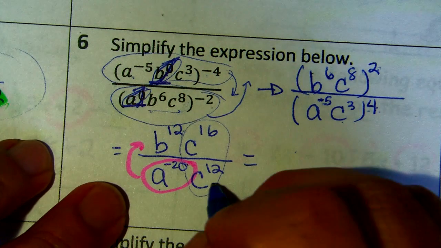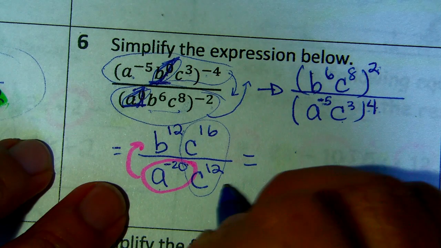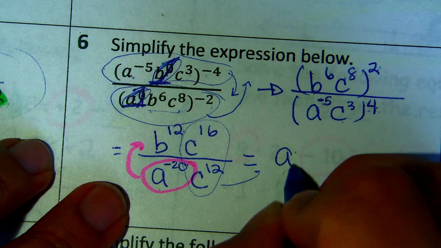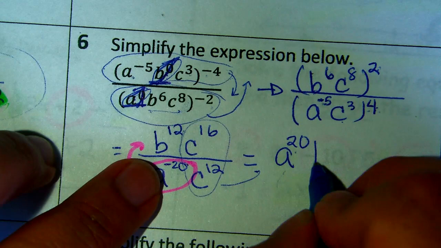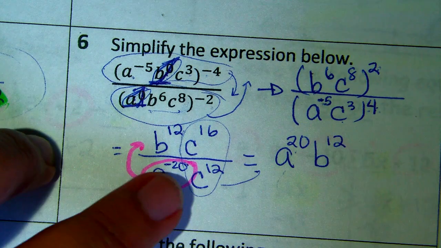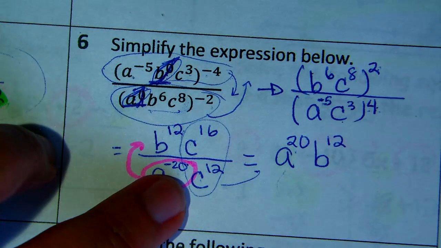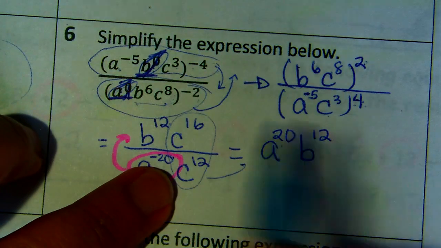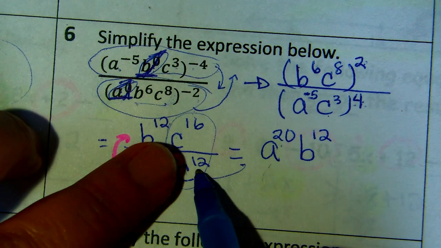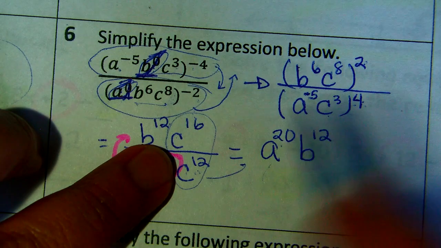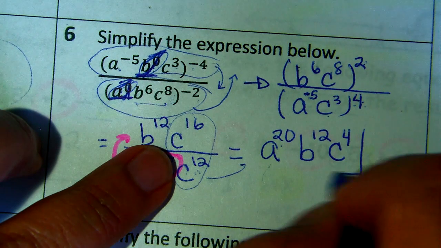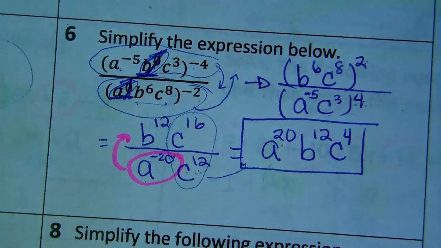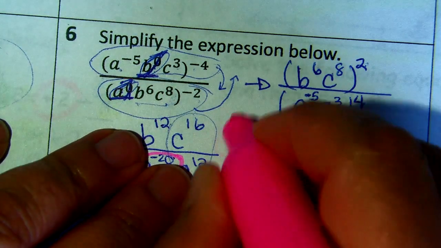So I'm going to send it to the top, and over here you have a to the power of 20. Now it's positive. This one is positive, so it remains where it is. And the c, when you divide, what do you do? Subtract the exponent. So 16 minus 12 gives you what? 4. And that's it. This is your answer.